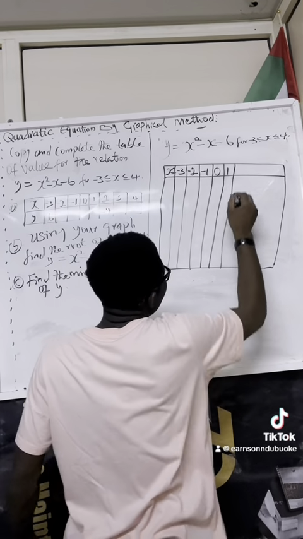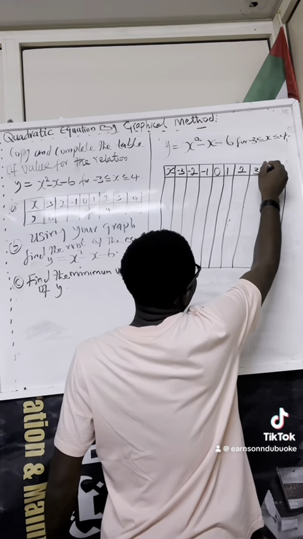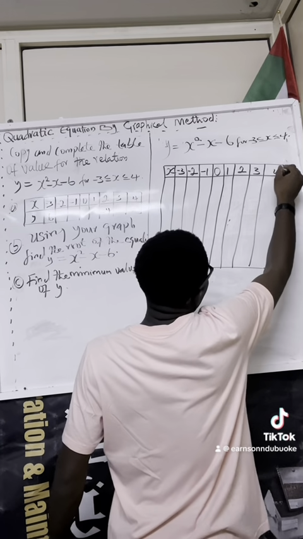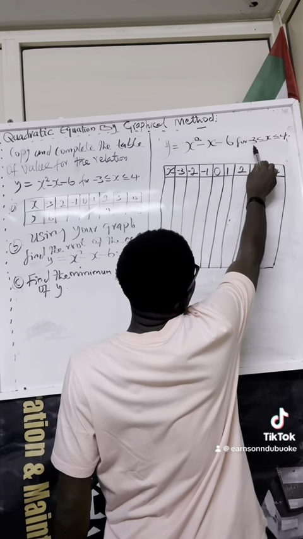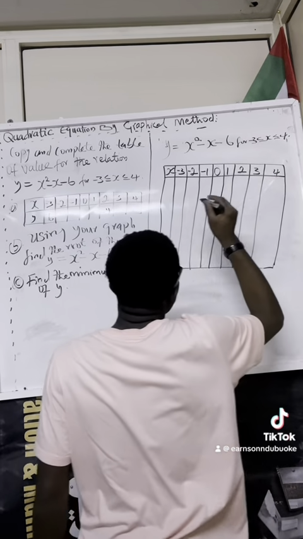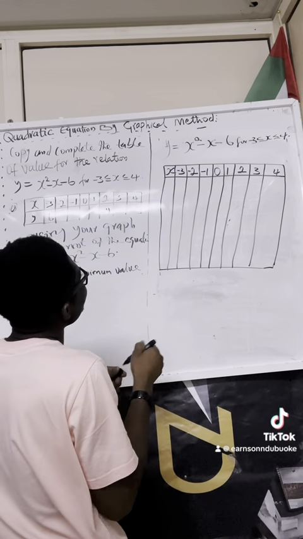After 1 you have +2, after 2 you have +3, after 3 the next is 4. You stop, because the question says that x ranges from -3 to +4. You stop at +4.